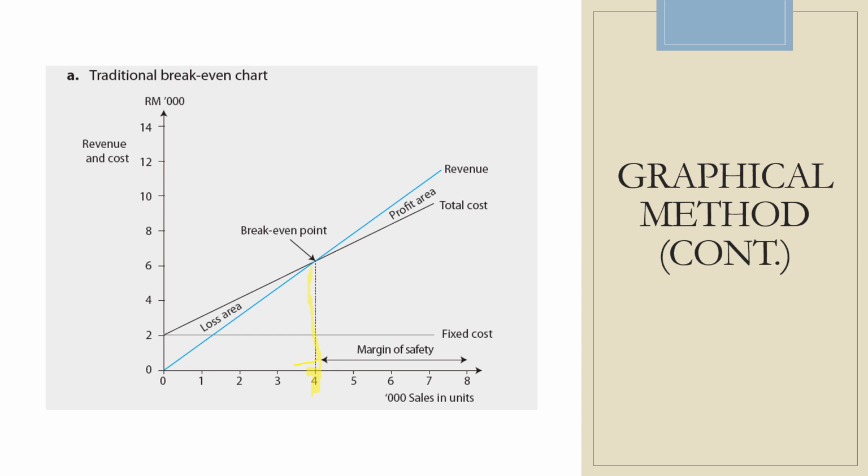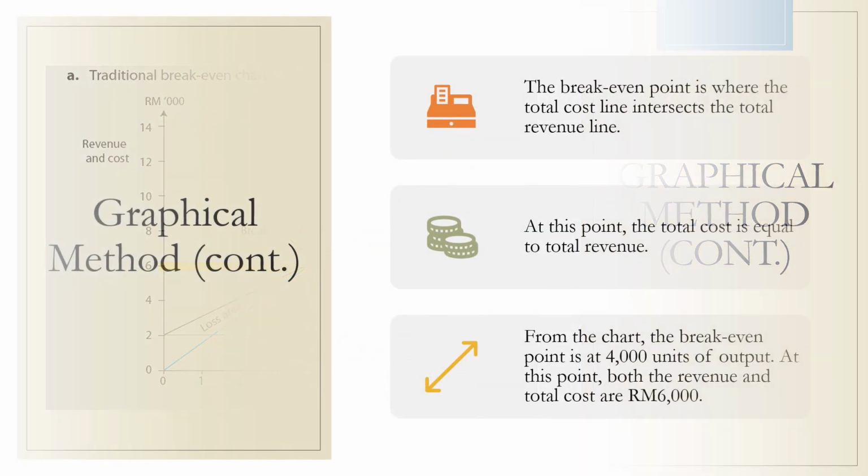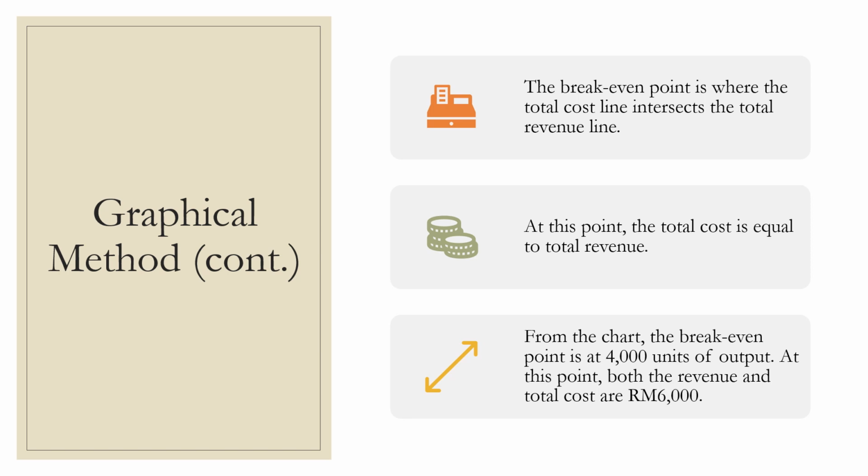So at this point, both the revenue and total cost are 6,000. This is the total revenue.